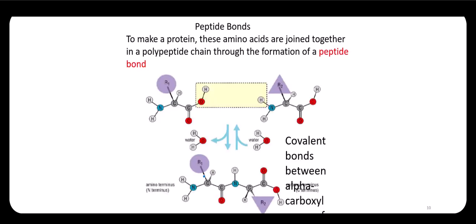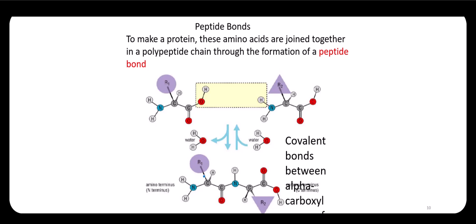So let's back up. First one we're going to look at is the formation of a peptide bond. In a peptide bond, I'm going to have two amino acids side by side, and I'm going to join the carboxyl carbon of one to the amino hydrogen of another.